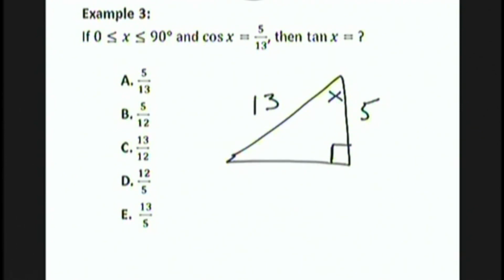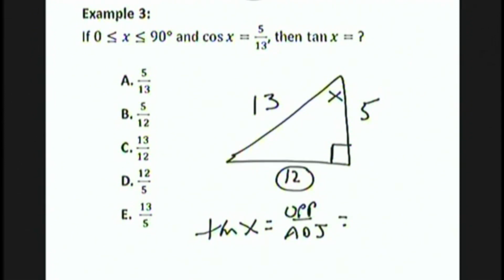And now I use the Pythagorean theorem, or better yet, recognize that this is a Pythagorean triple, 5, 12, 13, to get the other side of the triangle. Finally, tan x is opposite over adjacent, so that is equal to 12/5, which is choice D.